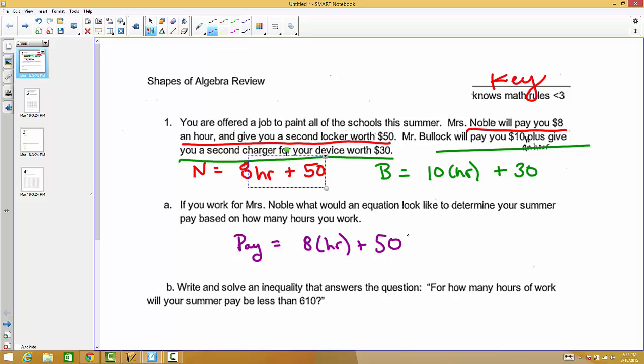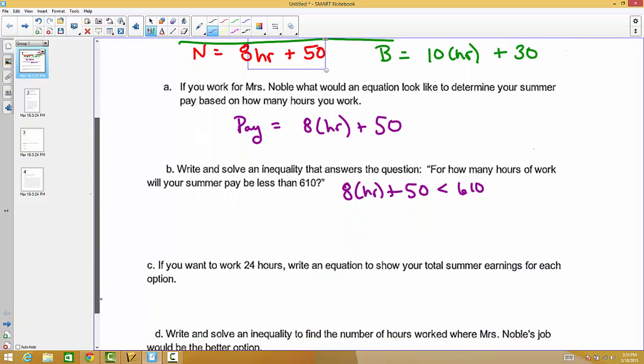And then it says, for how many hours of work will your summer pay be less than $610? So I want to know when 8 hours plus 50 is less than $610. In order to solve this, you need to isolate the word hours. So the first step is to get rid of the 50.